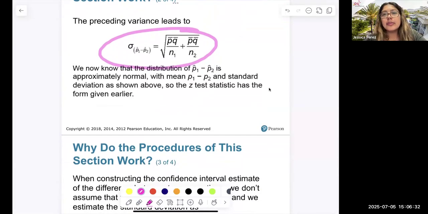So we know that the distribution of P1 minus P2 is approximately normal, and the mean is also normal. And we are going to be using the z-test statistic from earlier to identify this.